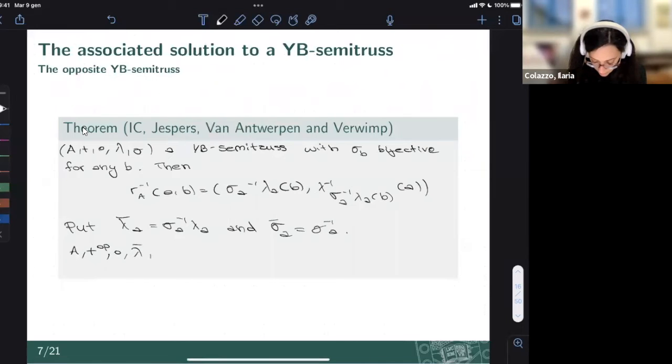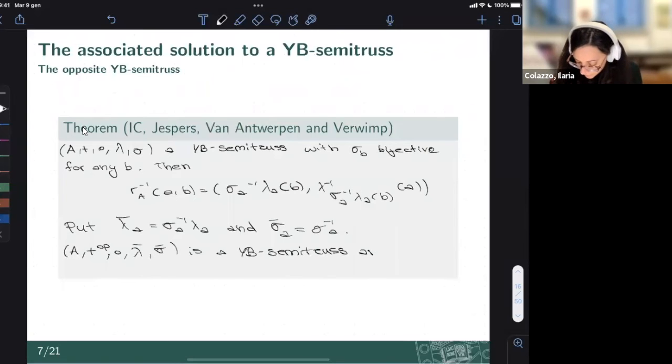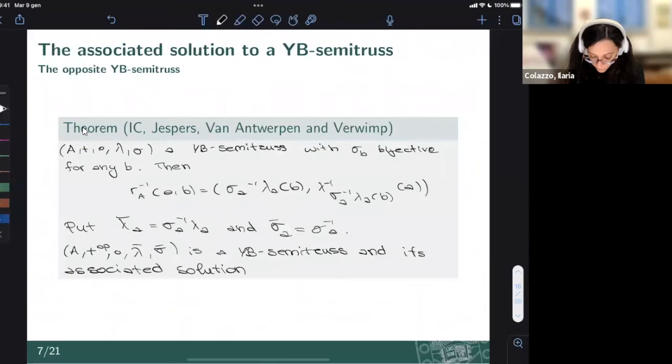Lambda bar and sigma bar is a YB-semitruss, and its associated solution, we can compute this, is indeed the inverse of R_A.